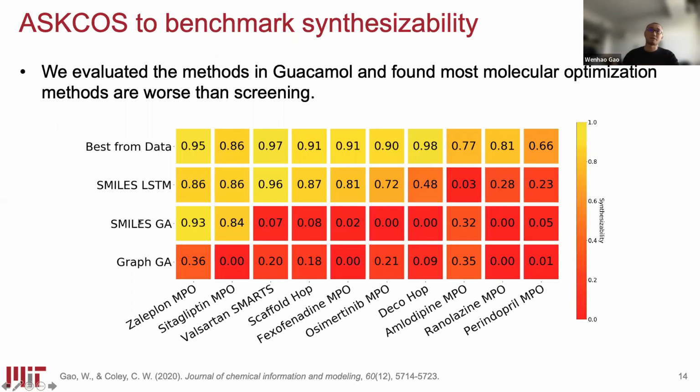So all of those algorithms are just generating valid chemical structures in terms of chemical valence, either SMILES or graphs, and most of the previous methods are just doing that.